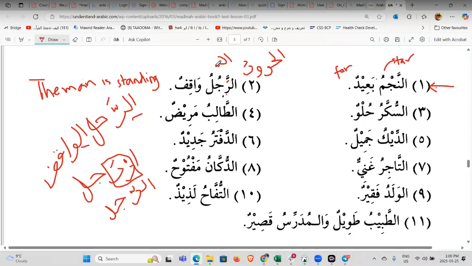Ash-shamsiyya means sun. Al-huruf ash-shamsiyya and al-huruf al-qamariyya. We already know al-qamar is the moon, so qamariyya is just associated with the moon. So we have moon letters and sun letters.